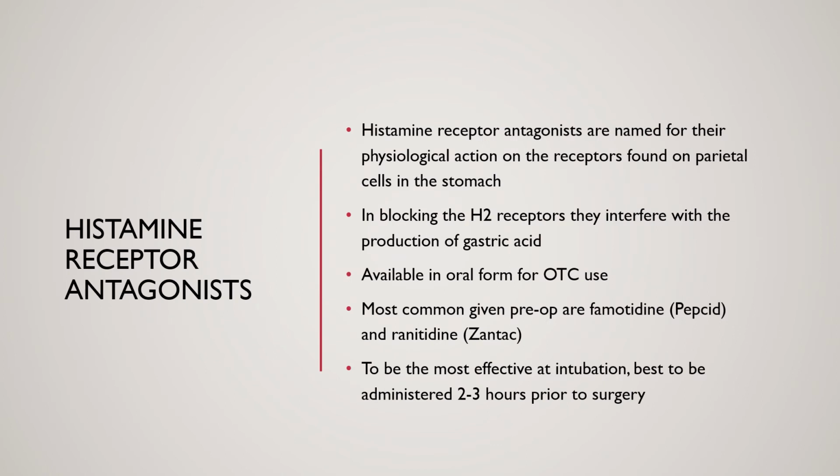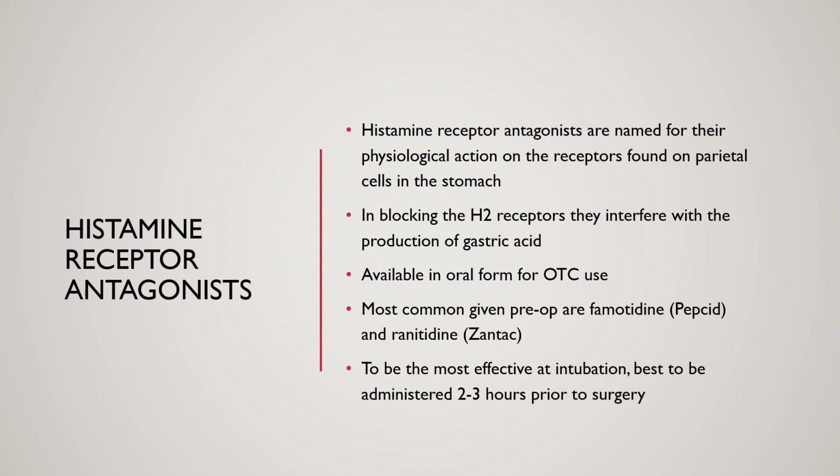Histamine receptor antagonists are named for their physiological action on the receptors found on the parietal cells in the stomach. So in blocking the H2 receptors, H2 refers to histamine receptors, they interfere with the production of gastric acid. They're available in oral form for over-the-counter use, and you'll probably recognize some of these names.